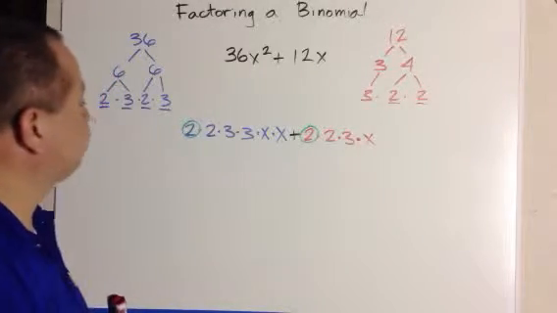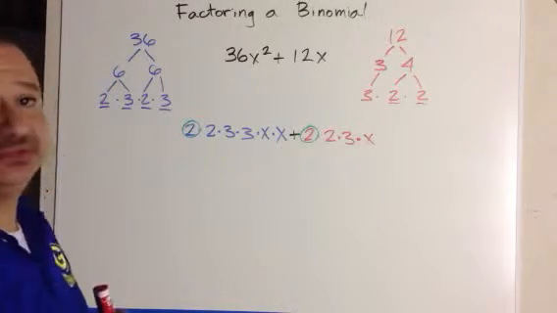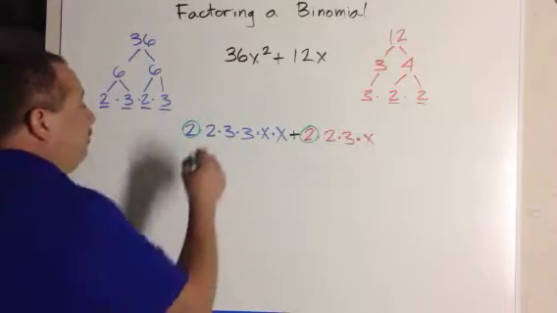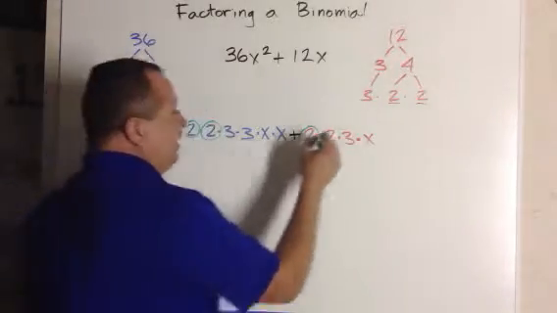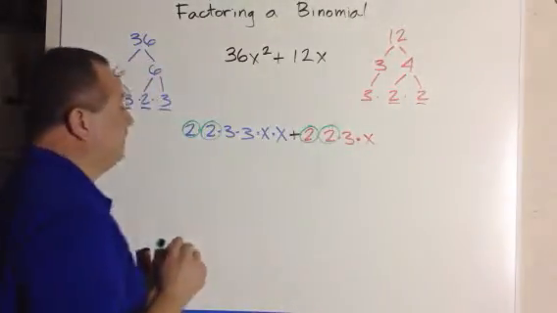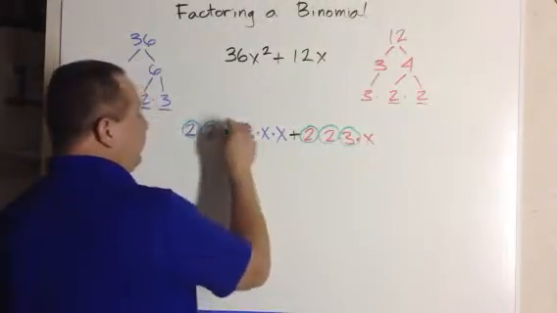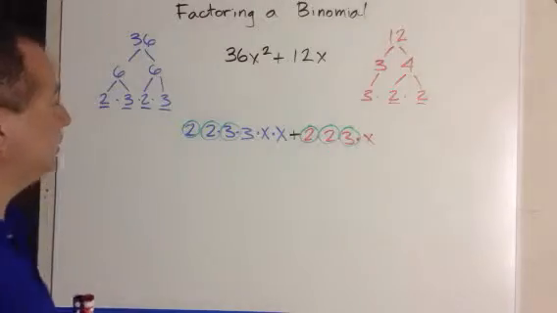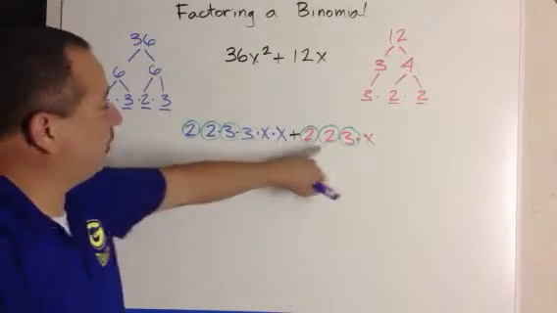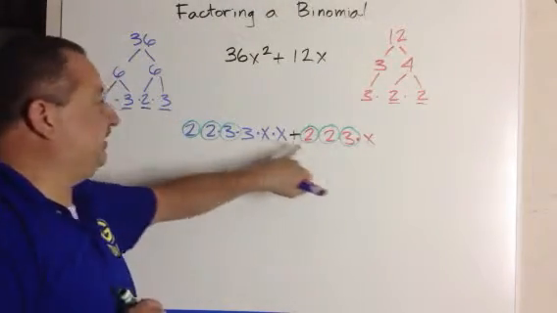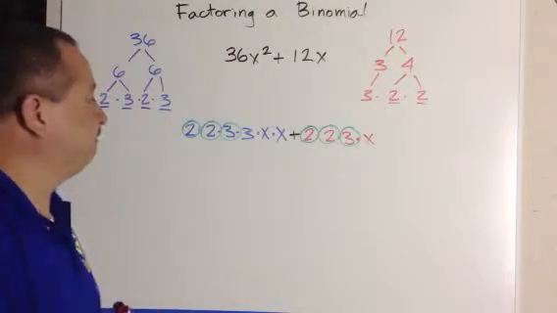Anything else? I'll let you look at it. Correct. We do have another 2 here, and we have another 2 here. And then it looks like we have a 3 here, and another 3 here. Are we done with the numbers? We have a 3 here, but we're done with the numbers over here. So remember, they have to be present in both groups.